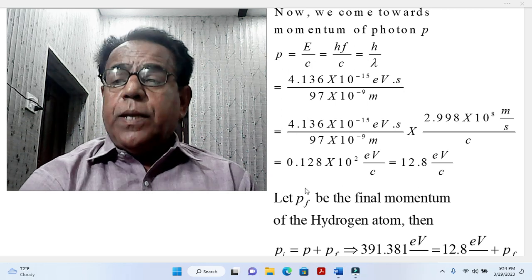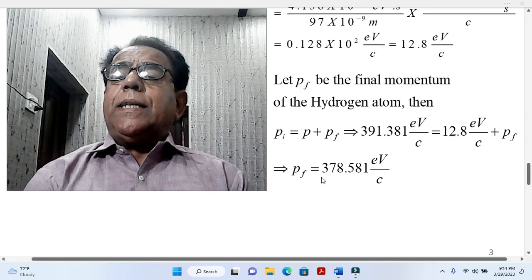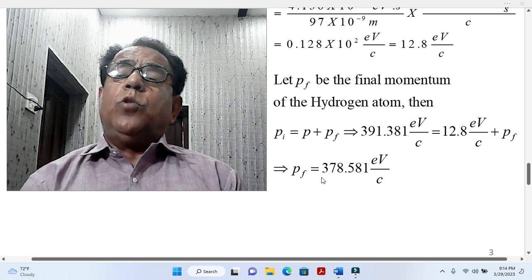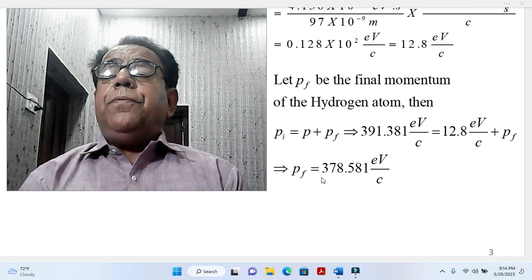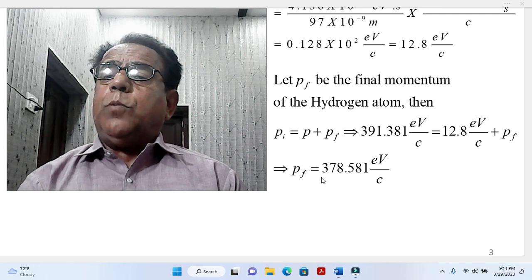Okay, now we come towards Pf, that is, the final momentum of the hydrogen atom. Let Pf, where f is written as a subscript of P, be the final momentum of the hydrogen atom.